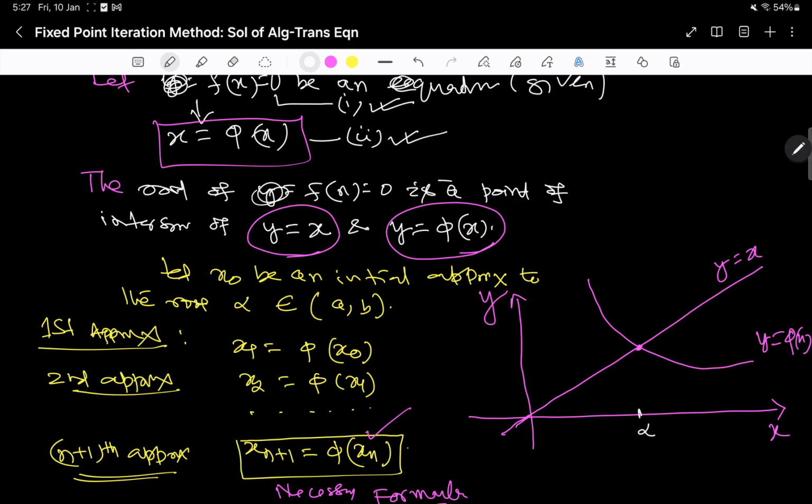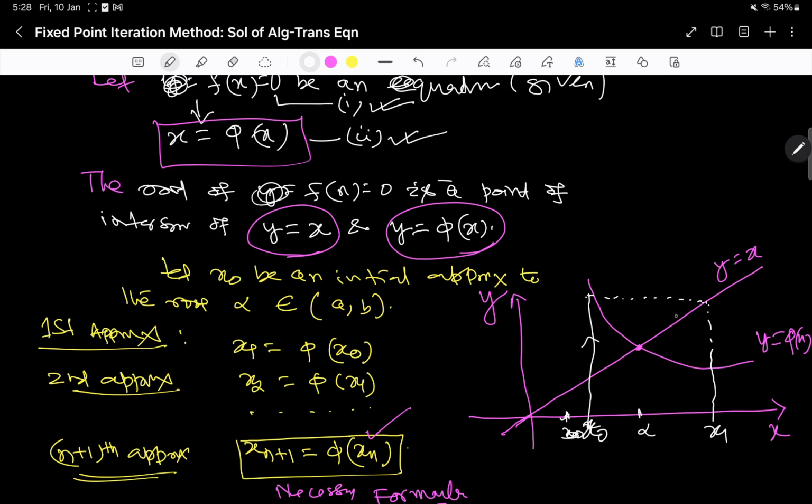This is the root, and we are considering x0 as an initial approximation here. Let x0 be a point here. I want to improve this x0. Let this x0 be improved to x1.